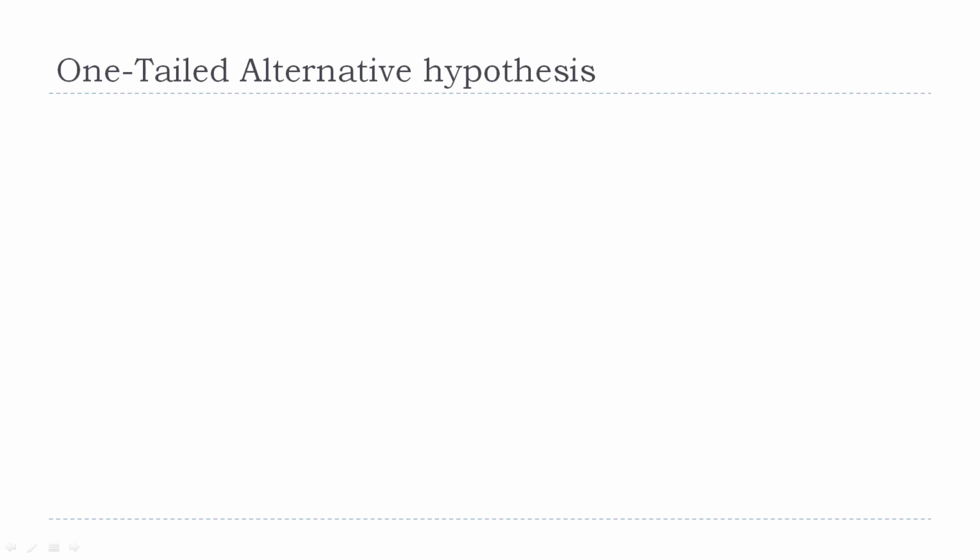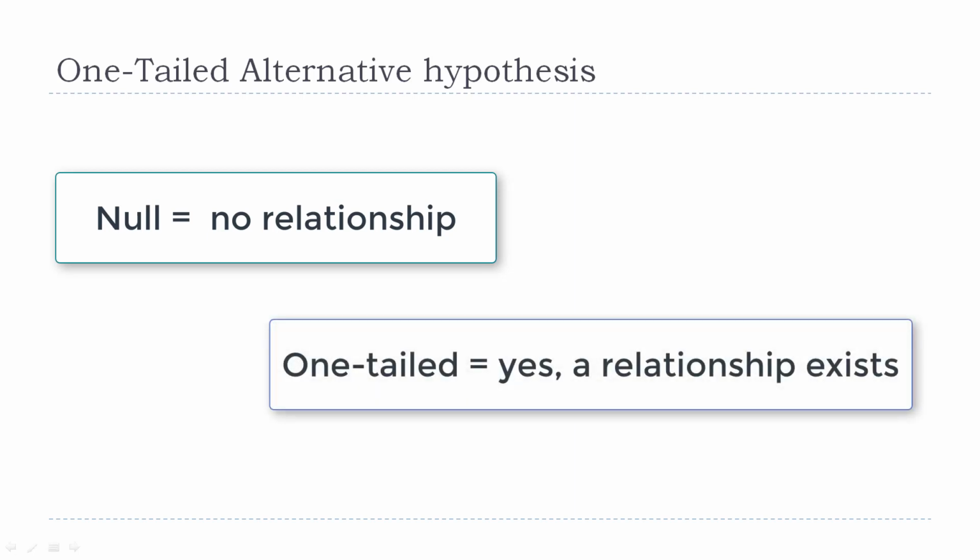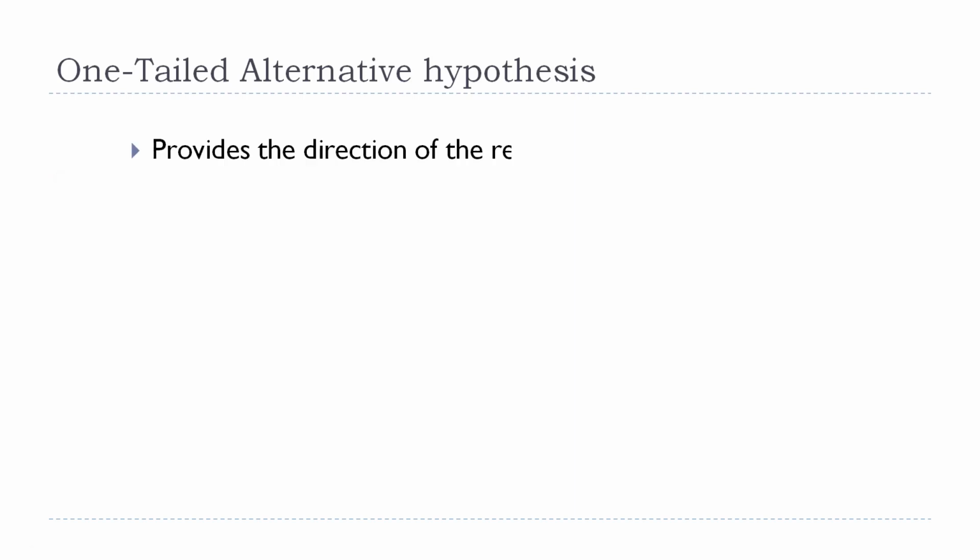Okay? And then we have a one-tailed alternative hypothesis, and it's alternative to the null. So if the null is saying no relationship exists, then a one-tailed alternative hypothesis is saying that yes, this relationship exists. And in fact, it provides the direction of the relationship.